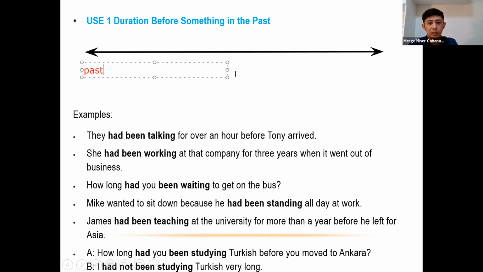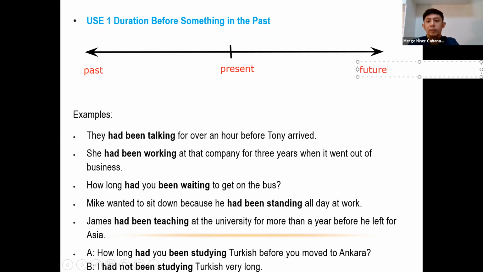Then here is your present. Let me draw another line that is in the middle. Okay, then this is your present. And then this is your future. Okay. Now, she had been working at that company for 3 years. So take a look at this.